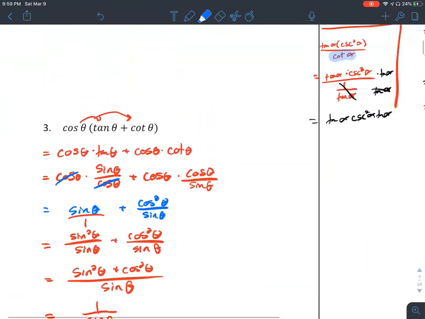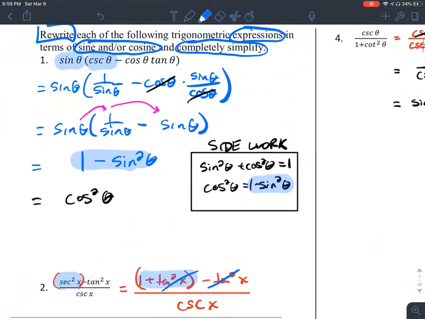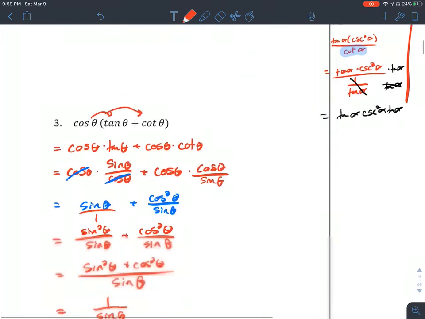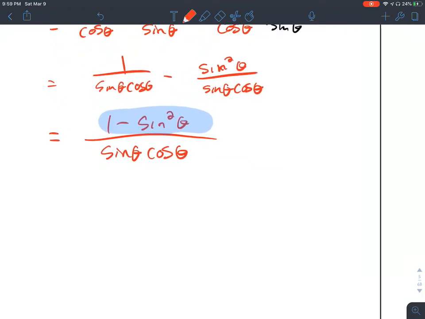We have. We've seen that back in our very first example, emphasizing this part right here. Sine squared of theta plus cosine squared of theta is 1. If you subtract sine squared from both sides, you get cosine squared of theta is 1 minus sine squared of theta. We're going to use that for this problem.